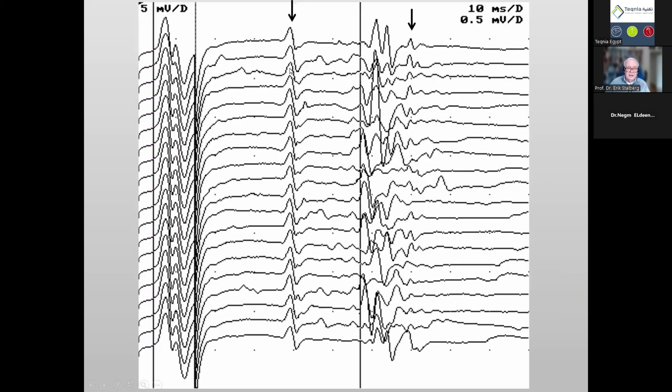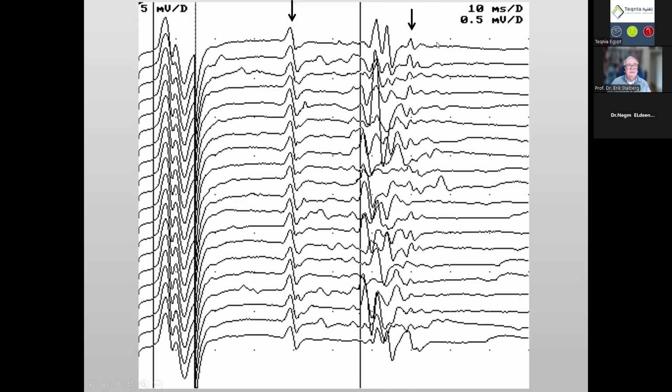Here is an A wave repeated with constant latency for every discharge. And here is also an A wave. Can you see? It's the same response all the way. Usually they come before the F, but sometimes they come after or inside the F. And you say, oh, how is it possible that you can get something after the F waves?